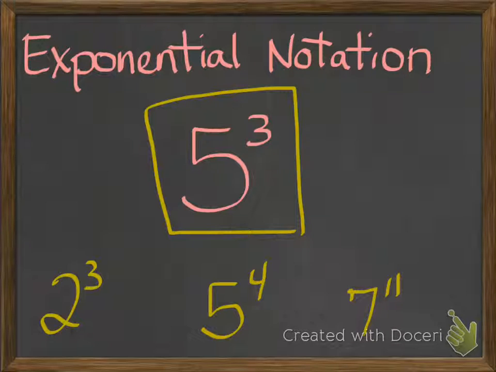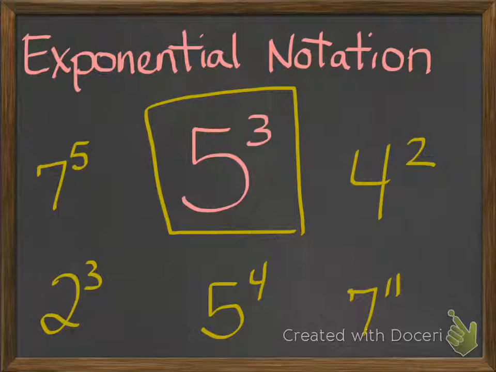These are all exponential notations. Okay, try writing 4 to the 2nd power. Did you write it like this? Good. Try writing 7 to the 5th power. You should have written it like that. Okay, so that's exponential notation.